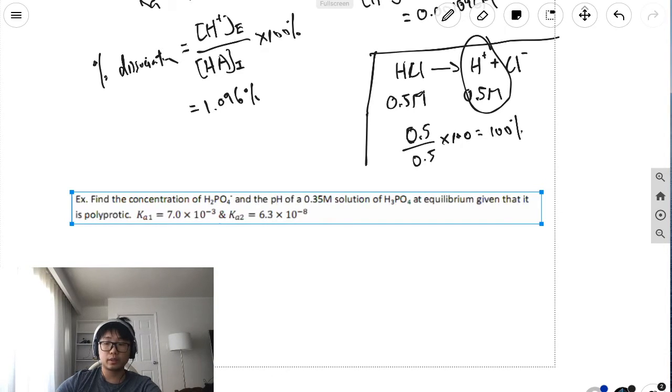Polyprotic, I mentioned earlier, its counterpart is monoprotic. Monoprotic means one proton gets to dissociate. Polyprotic means multiple protons get to dissociate. So this is what they're saying. Why did they give you two different Ka values?